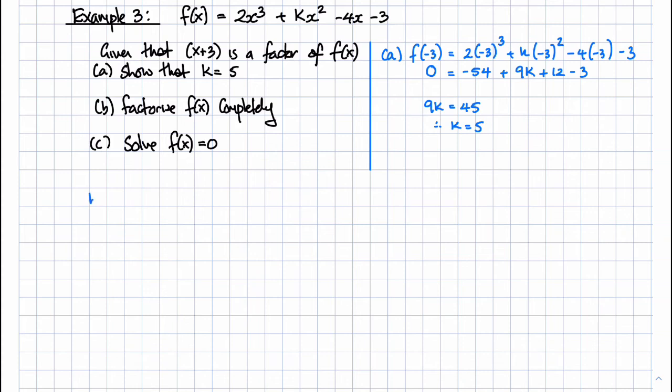So for part B of the question, it would be a good idea to start off by writing f of x is equal to 2x cubed plus 5x squared minus 4x minus 3. And now we wish to factorize, writing the polynomial.